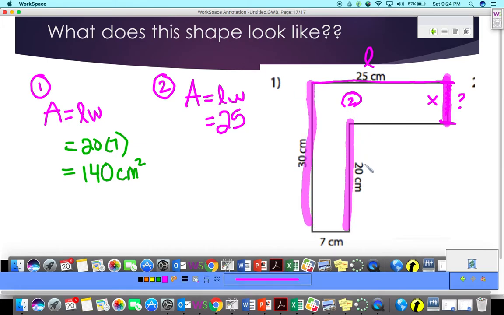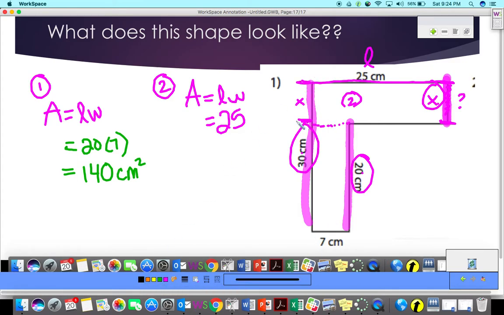So the numbers that I'm going to be using are 20 and 30 and this value x. When I look at this side compared to the other two, I know that it's shorter. So since it is a shorter side, I'm going to take 30 minus 20 to give me this value, because if I bring this x over here, this part up top is x.